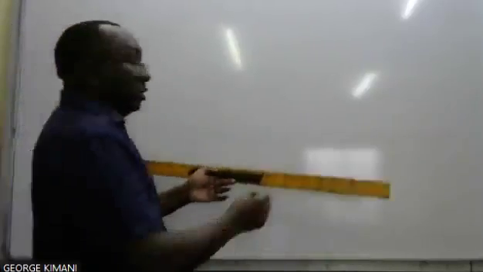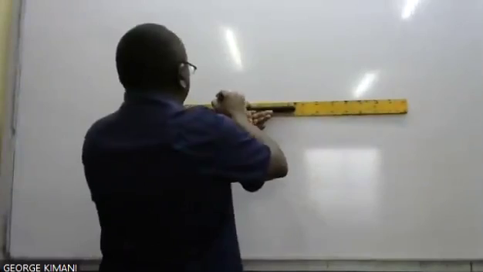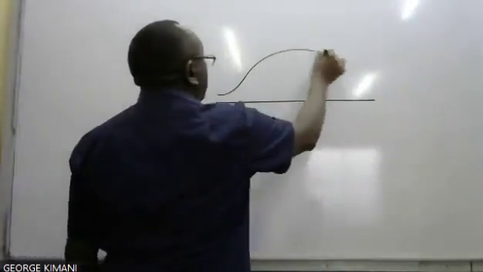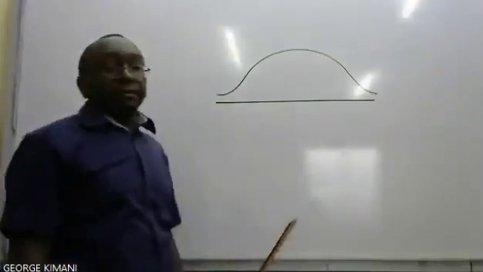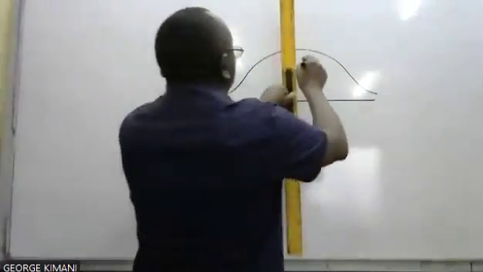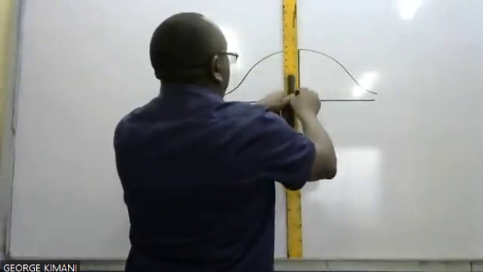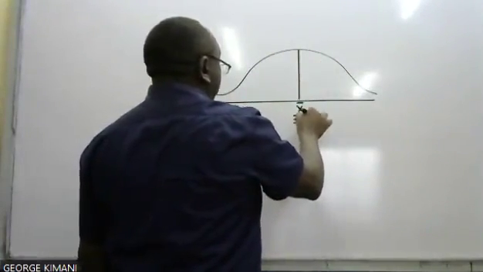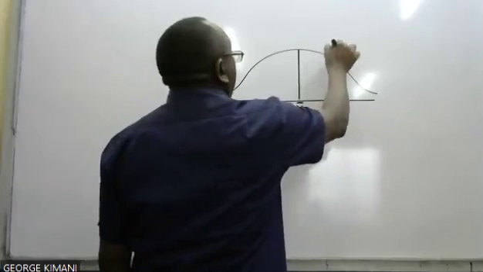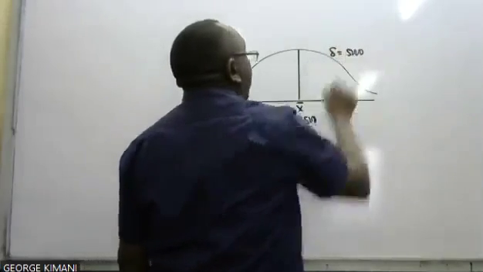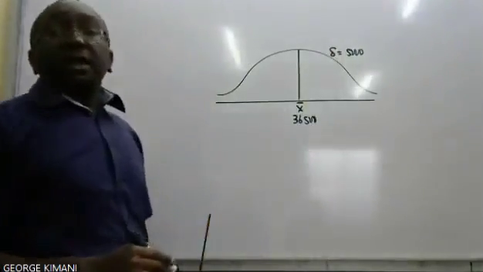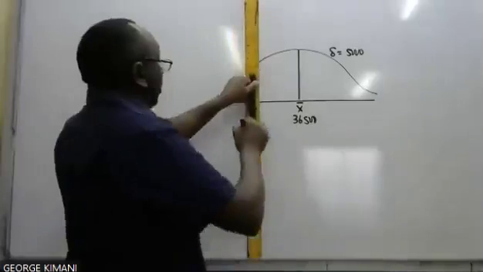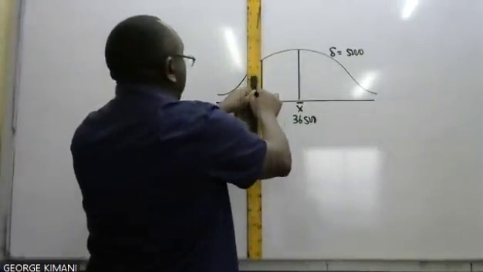Once again, we draw our normal table. So here is our X bar, which is at 6,500, and the standard deviation is 5,000. Obviously, those who will enjoy the discount are the ones whose tires will be on the lower side.